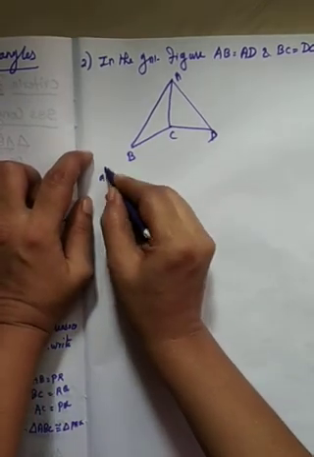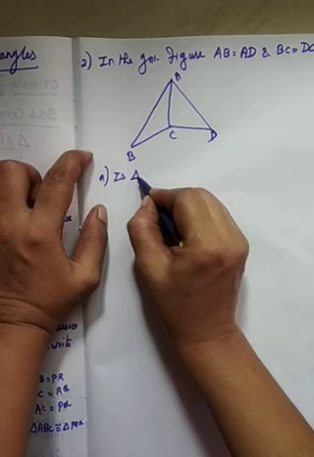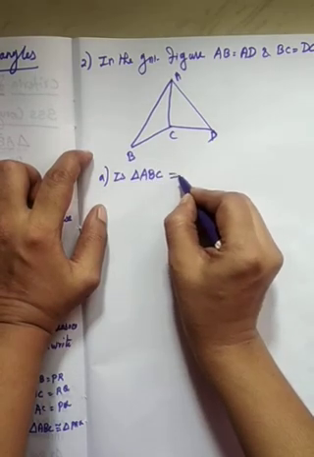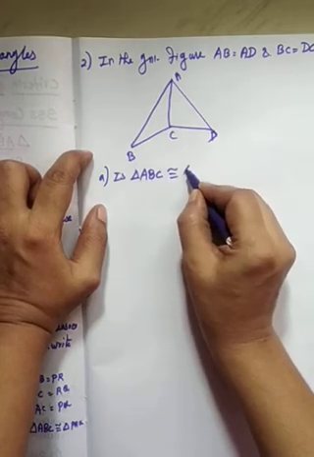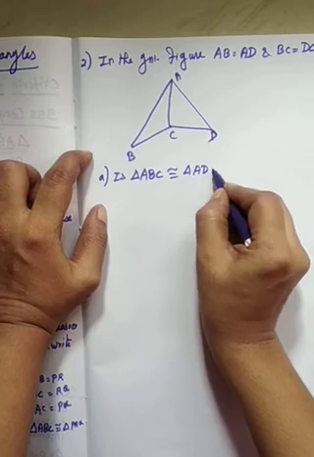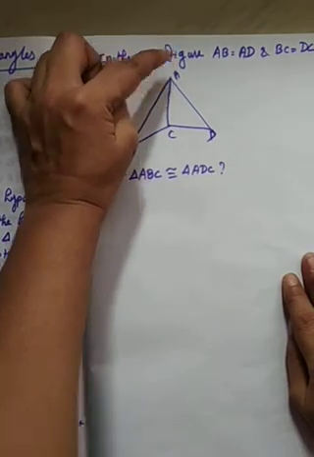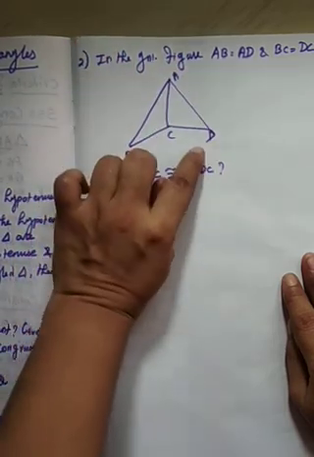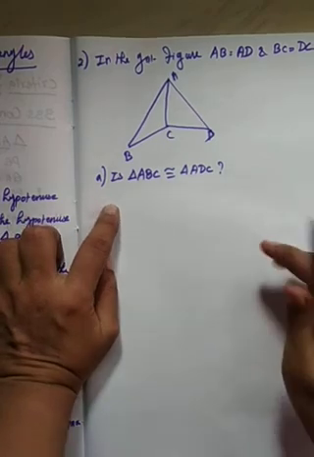See, the first one is: triangle ABC is congruent to triangle ADC. What is that? Is triangle ABC congruent to triangle ADC?